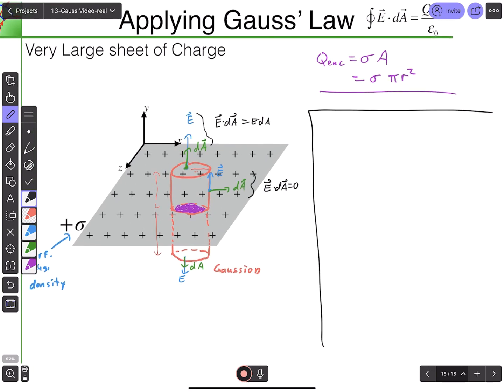So now we are good to go, and I think we can calculate our electric field. Let's write down Gauss's law as we always do. Integral E dot dA equals Q enclosed over epsilon naught. And the integral of E dot dA is going to give us 3 areas again.